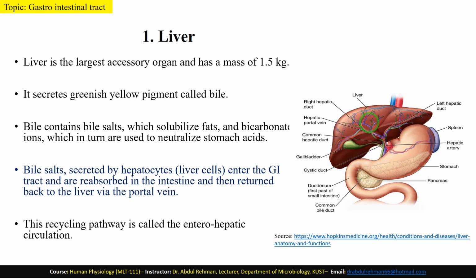Beneath the liver, there is a small organ called the gallbladder, which is used to store the bile. And there is another organ, the pancreas, which secretes different pancreatic juices. So all these three organs work in combination within the human GIT system.